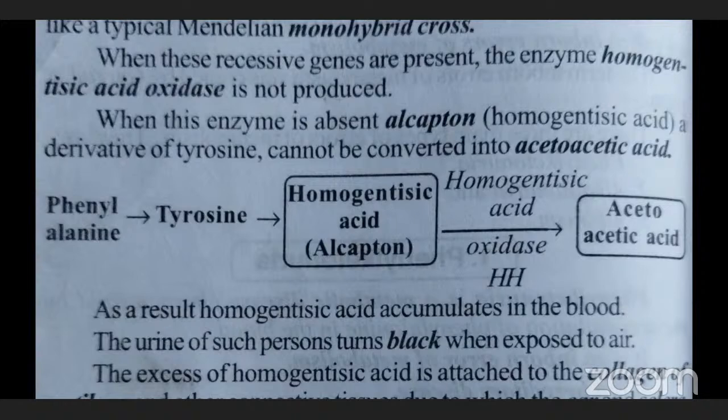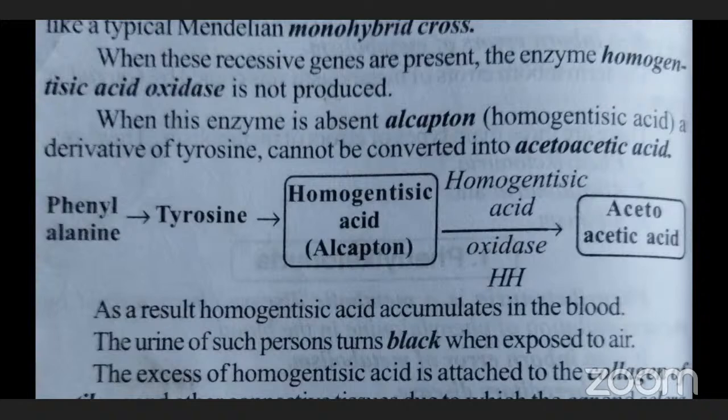Clear? When these enzymes are absent, alkapton, a derivative of tyrosine, cannot be converted into acetoacetic acid, so the alkapton will accumulate in the blood.